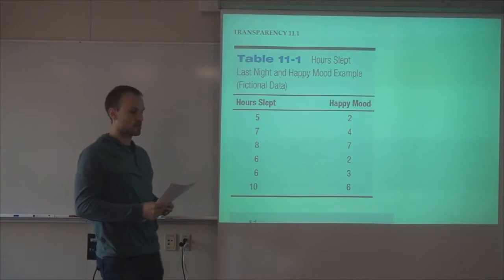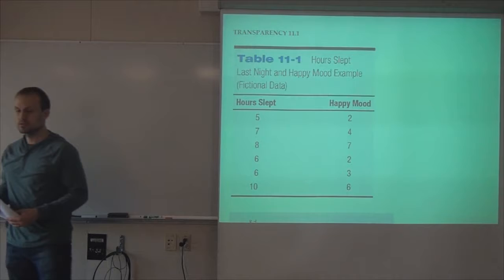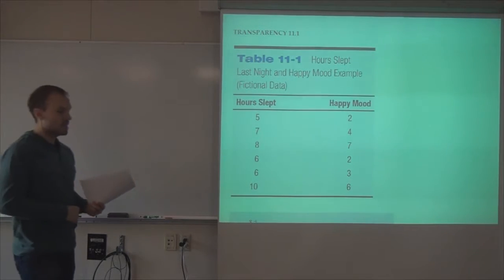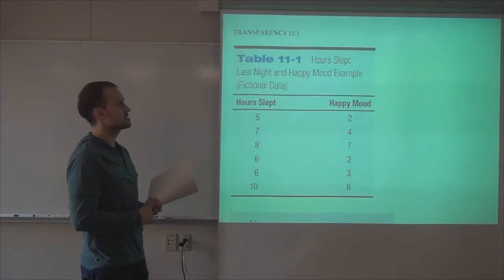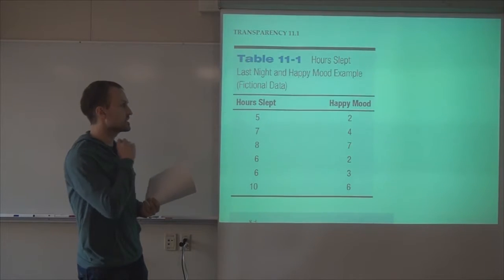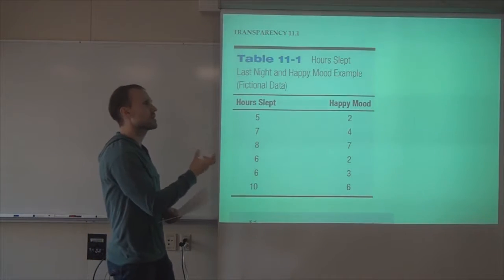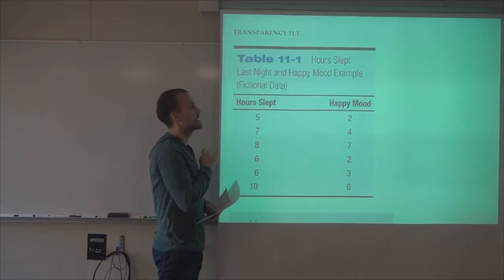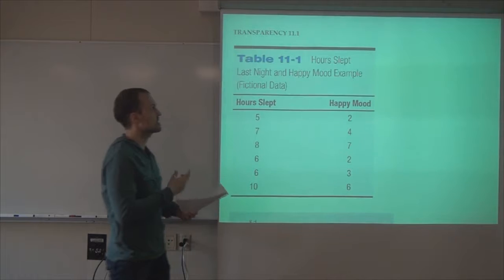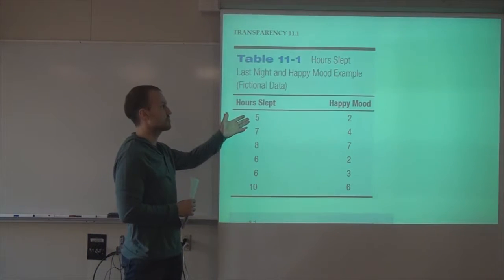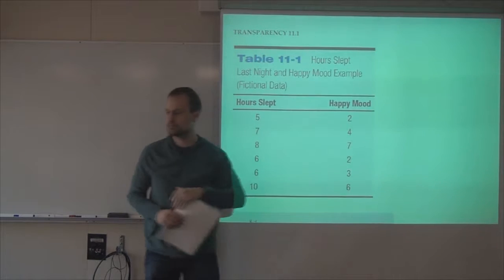Alright, we are talking about chapter 11, which is on correlation. In this chapter as well as the next, we're trying to investigate whether there is a relationship or a link between two factors. For example, the hours that you slept the night before and your mood.